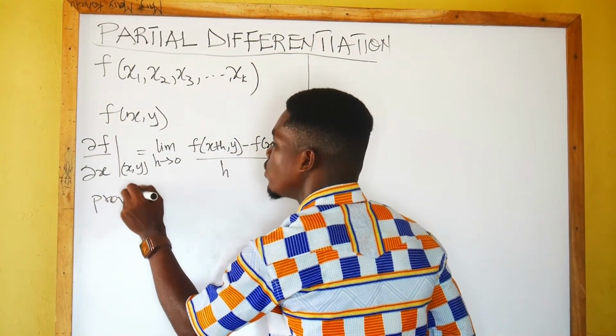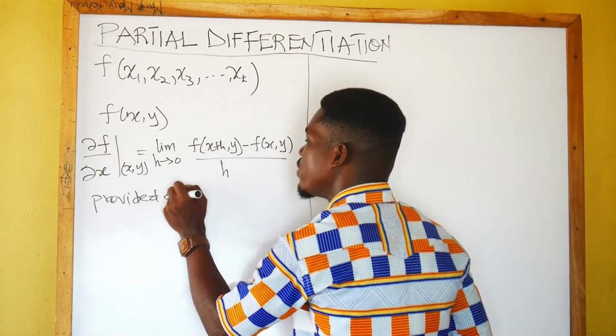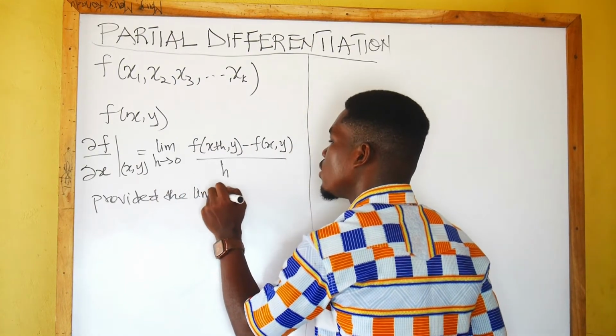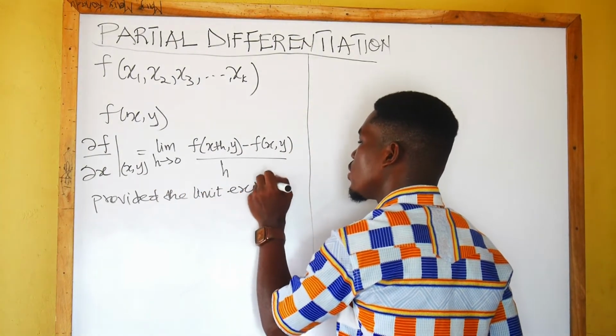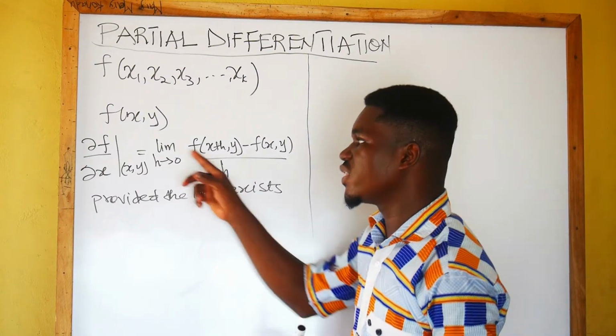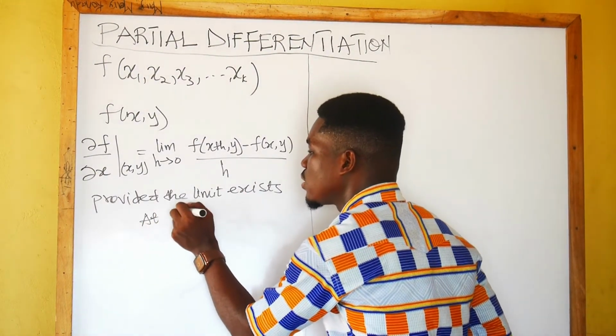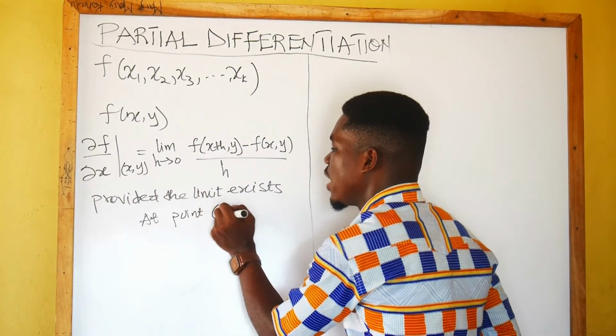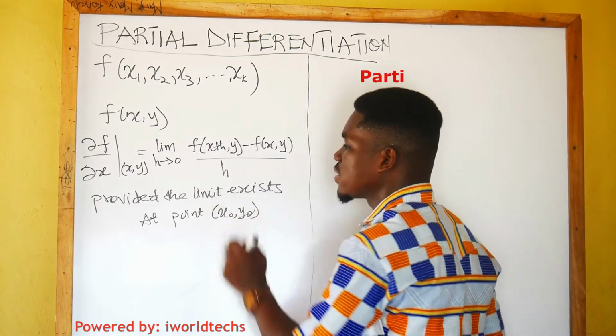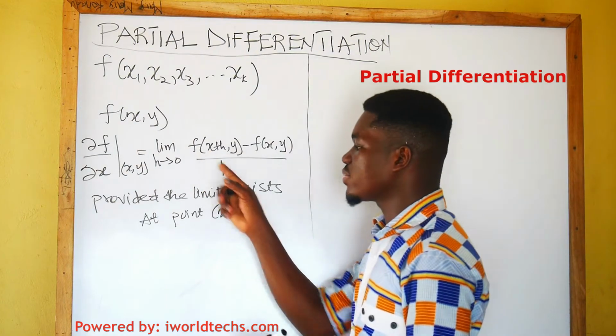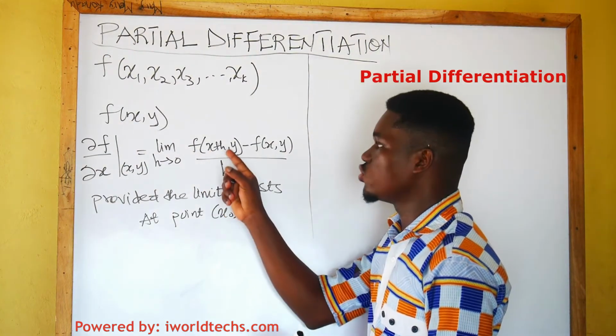provided the limit exists. Okay, so the partial derivative of this function at the point (x naught, y naught) is given by, so you substitute x naught, y naught into x and y.